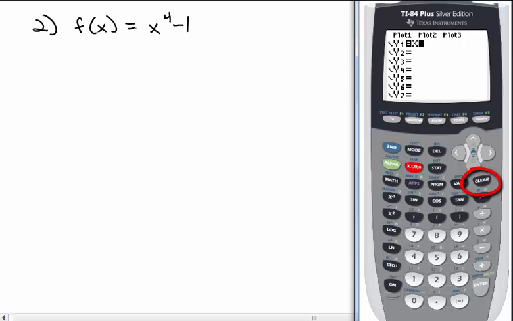And now we can type in x to the fourth power. We get an exponent by going right above the divide sign. In some calculators it'll stick you in an exponent, in other calculators it'll actually draw the little caret symbol. If you are physically up in the exponent, you need to scroll over to get out of the exponent. Minus 1, and then we hit graph.